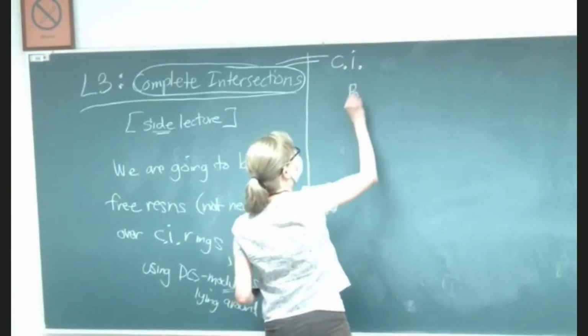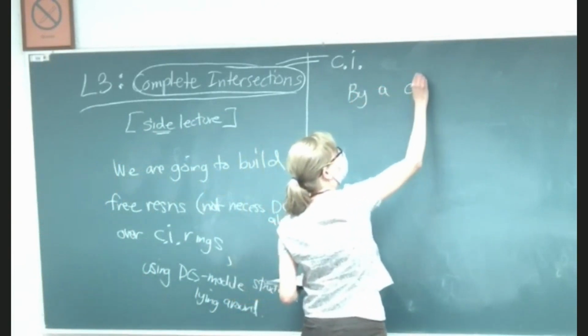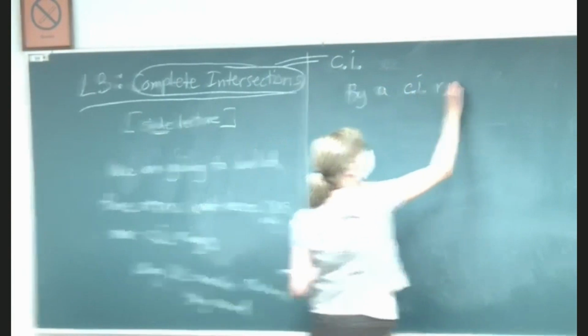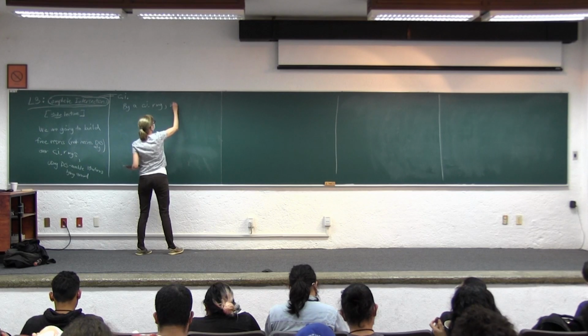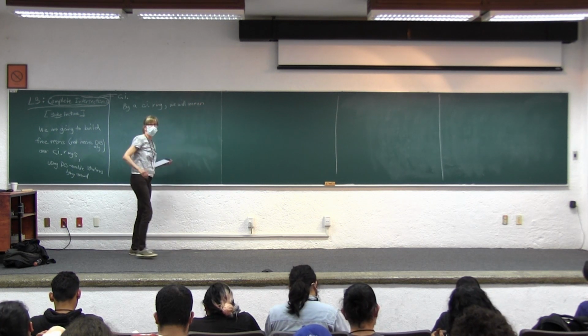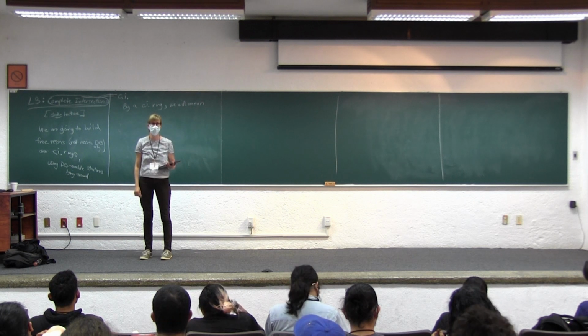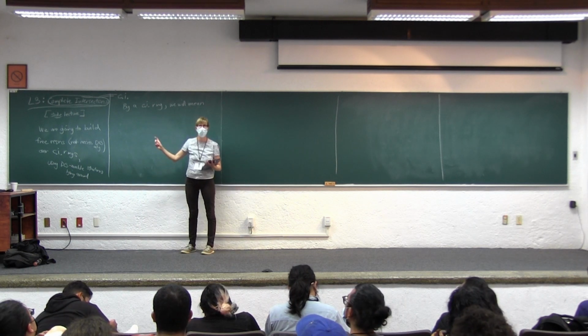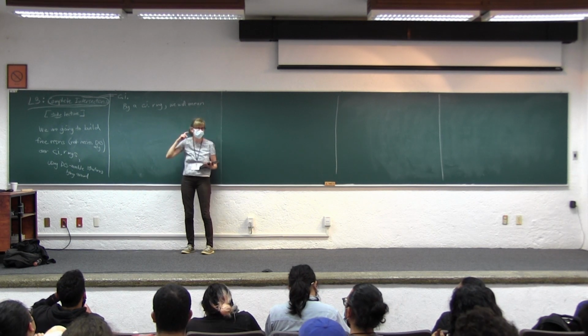So by a CI ring, we will mean... but also, if you have any question, you can't read something or didn't hear something, just say. But you have to shout, I can't hear you.